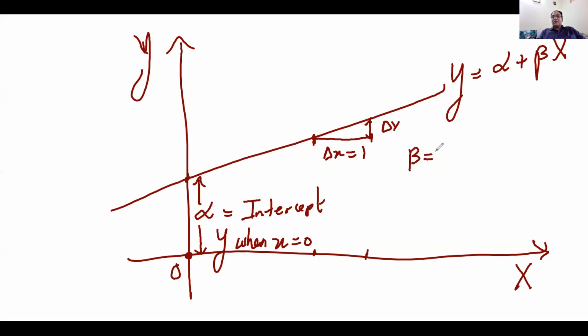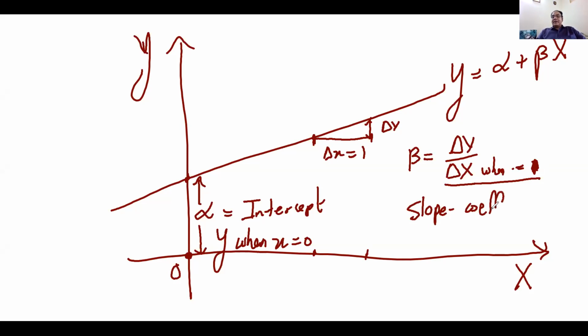Beta is equal to delta y upon delta x when delta x is equal to 1. So when the change in x is 1 unit, whatever the change in y is, this is called the slope coefficient. It tells you how much y will change when x changes by 1 unit. I repeat: the slope coefficient is defined as the change in y when x changes by 1 unit.